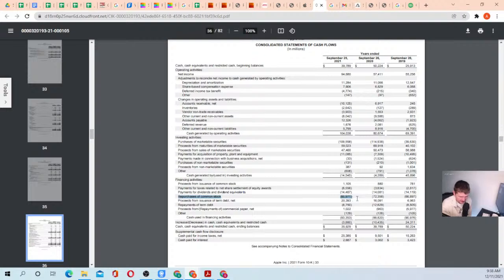So they buy back their own stock, and they used $85 billion for that. They also paid dividends. So you see, financing activities is whatever operations you have with your creditors or with the owners of your company, your shareholders.